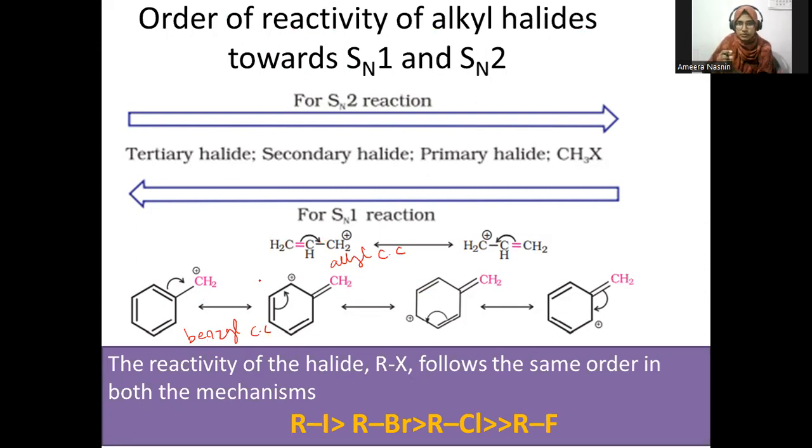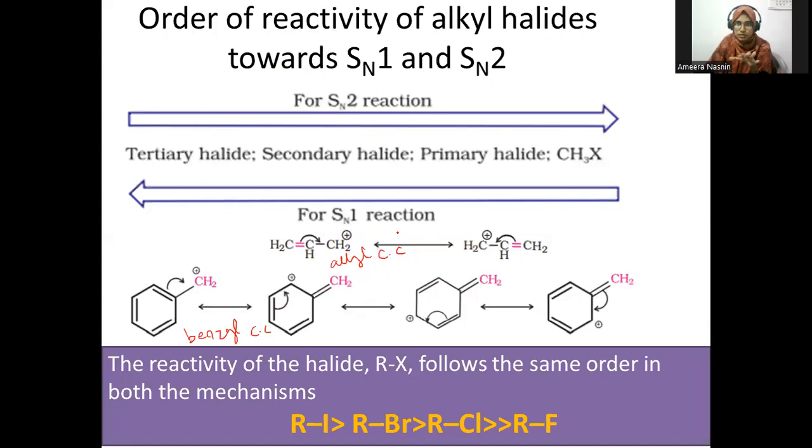So if we subject an allyl halide or benzyl halide to a substitution reaction, these two will follow the SN1 mechanism, in which the formation of a carbocation is involved.